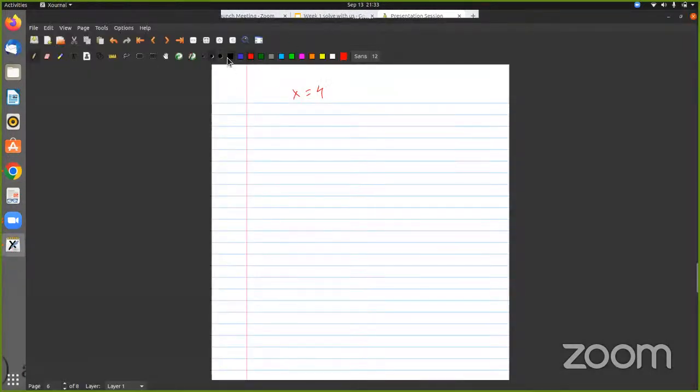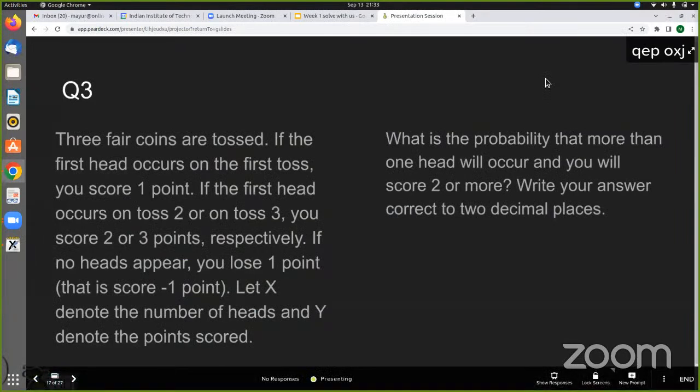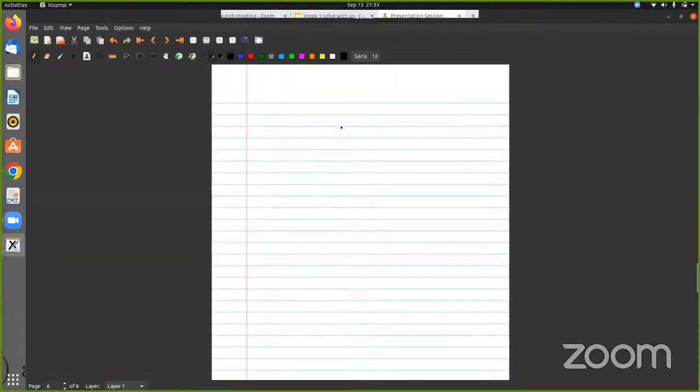Okay, so what is there? We have tossed 3 fair coins. So x can take values, what? X is the number of heads, right?